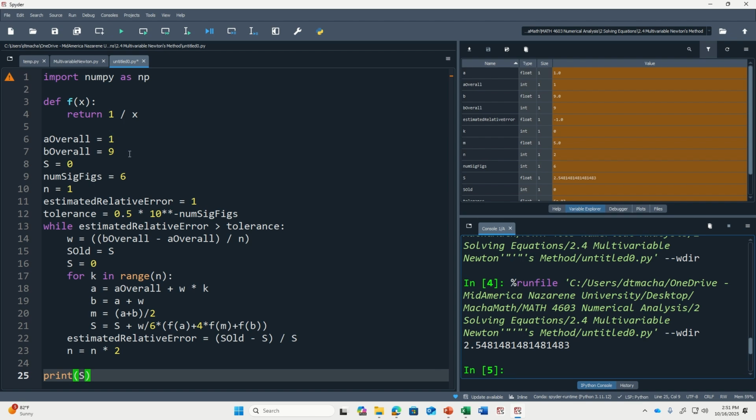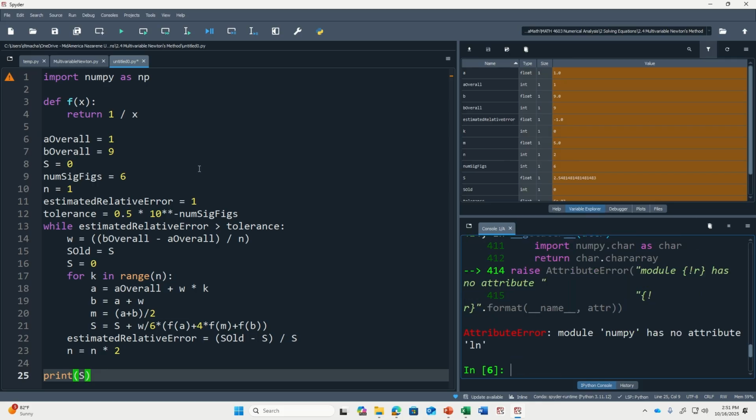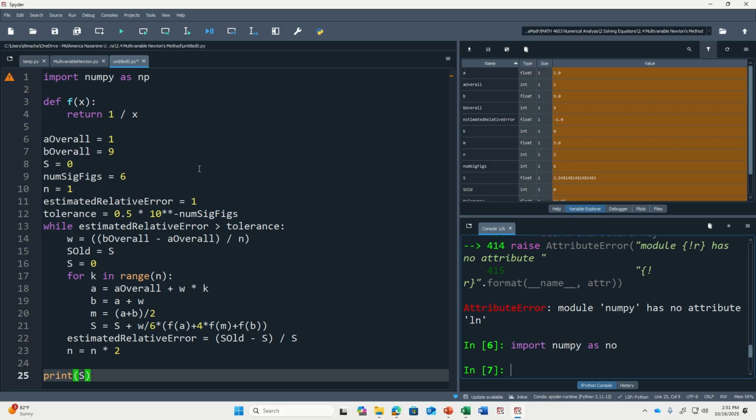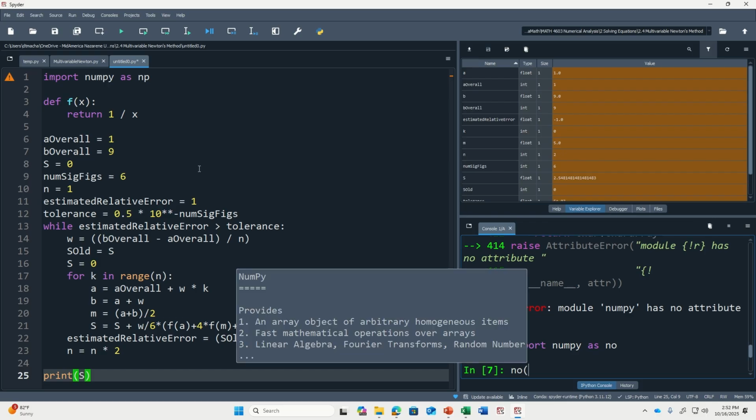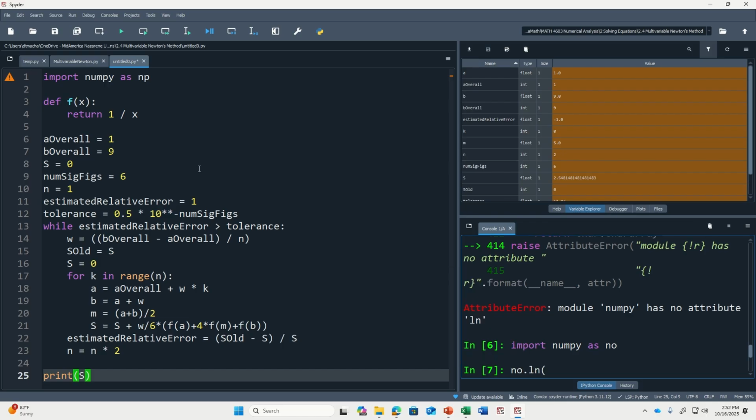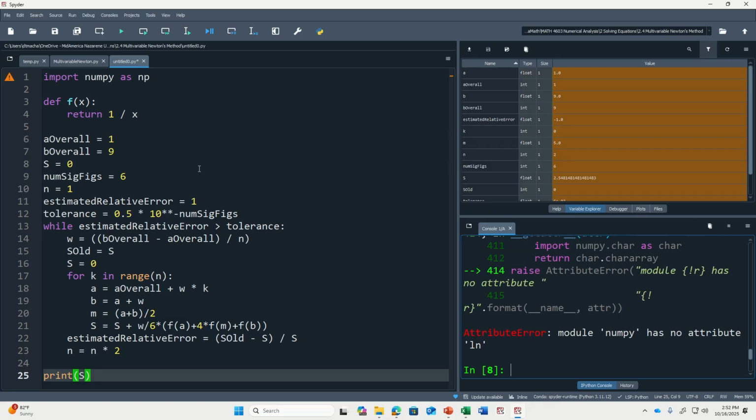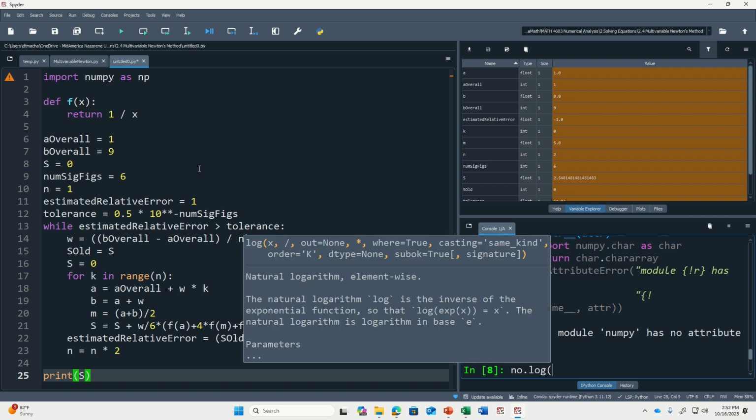So that should be the natural log of 9. Let's see if it works. Oh yeah, it's a little typo. I have to use np for NumPy because I made a typo. Oh, I wonder if it's just log in NumPy.